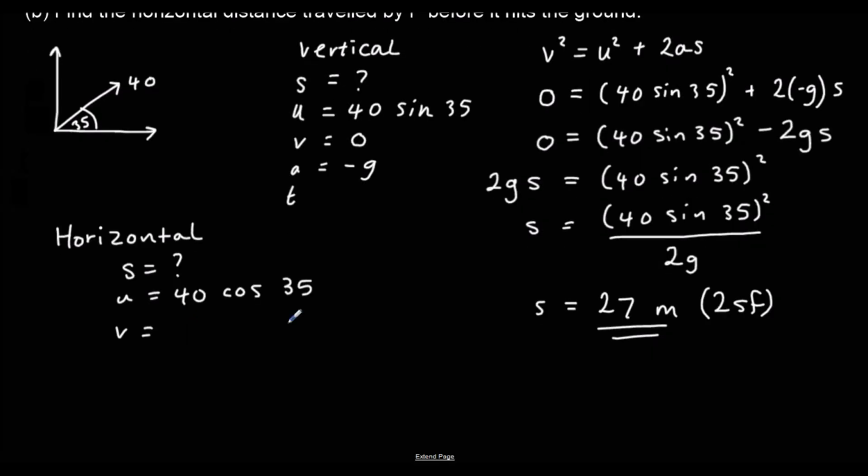The final velocity will also be 40 cos 35 because there is 0 acceleration horizontally, and we don't know the time. We're going to need to know the time to work this out.